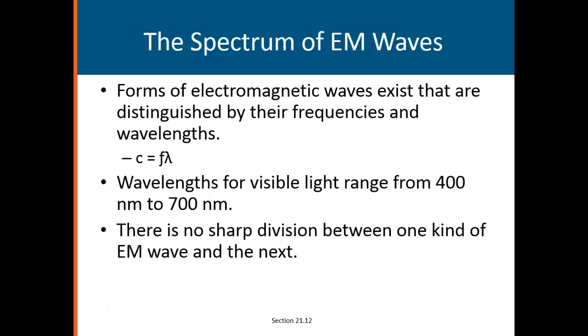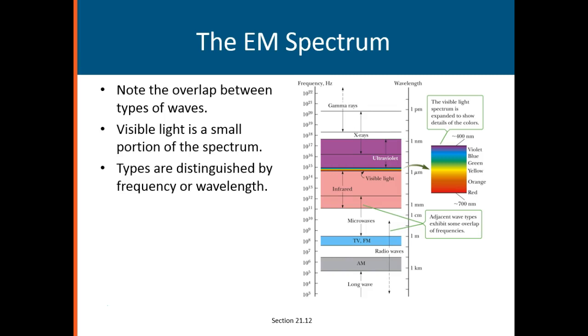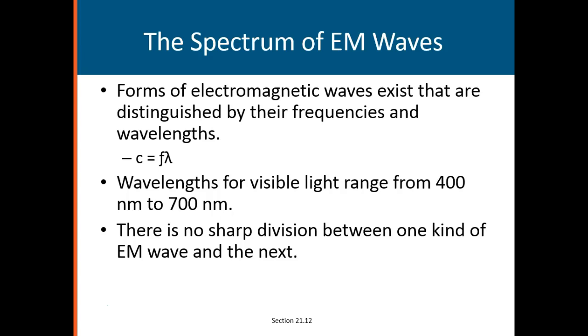We put the names on them, and we put the sort of artificial limits on them. They really don't have those, okay? So here's the electromagnetic spectrum. I think this is on page 712.